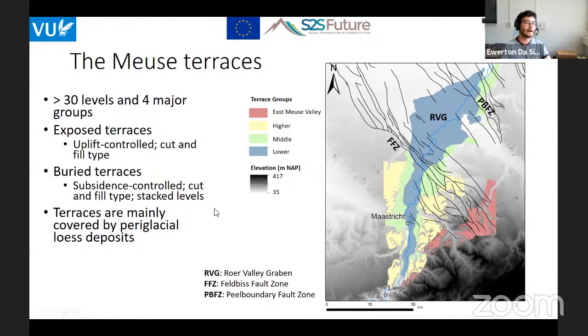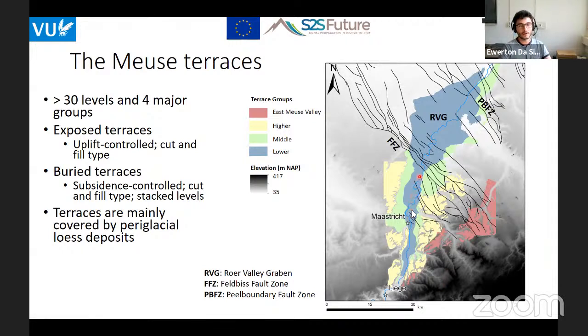The terraces can also be divided according to the tectonic setting they are exposed to. In the region highlighted on your screen, the terraces are mainly exposed because they are in an uplift-controlled area. They are mostly cut-and-fill type, and they are also covered by periglacial deposits.